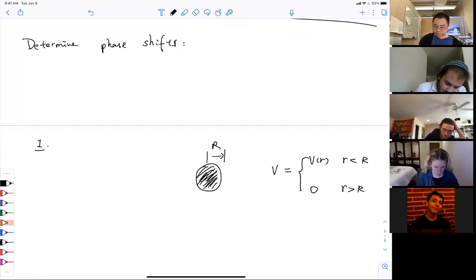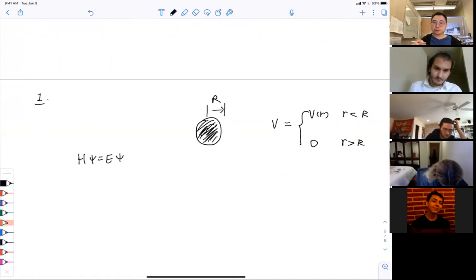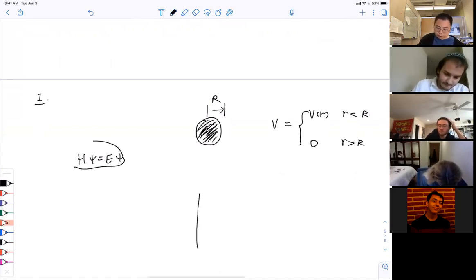So now the basic task is to solve this Schrodinger equation. To find the phase shift, we separate our Schrodinger equation into two regimes.